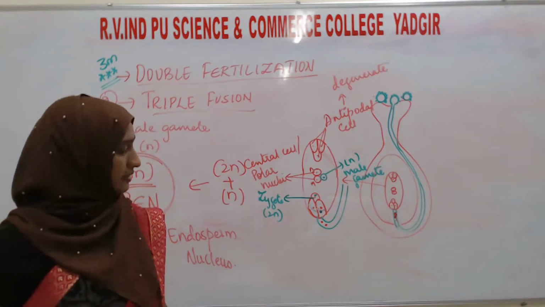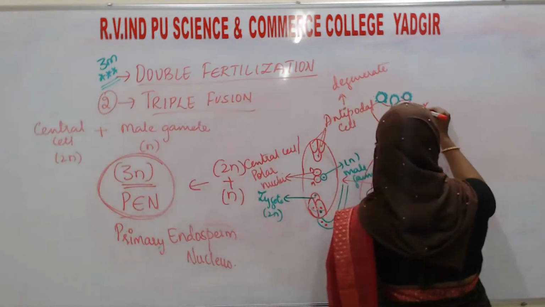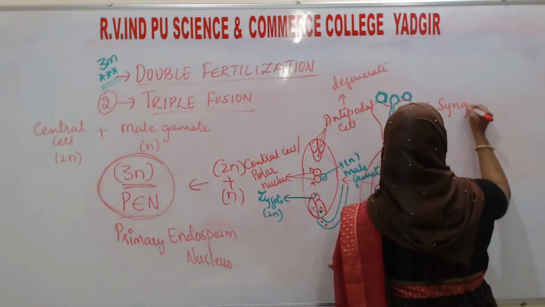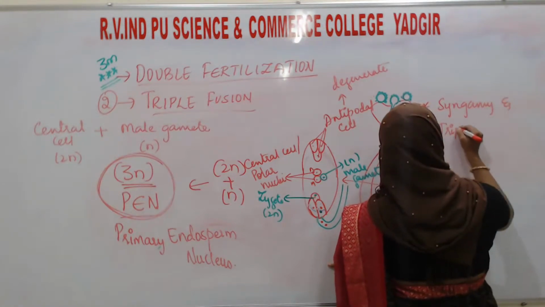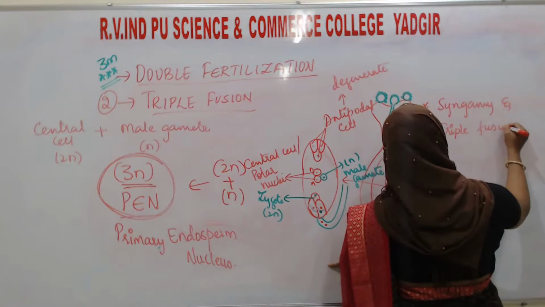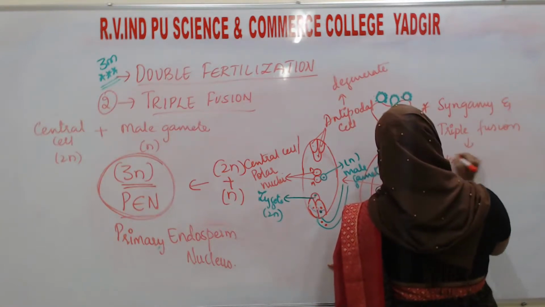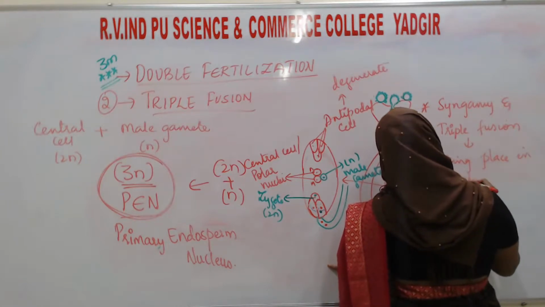See here. Syngamy and triple fusion taking place in the embryo sac.